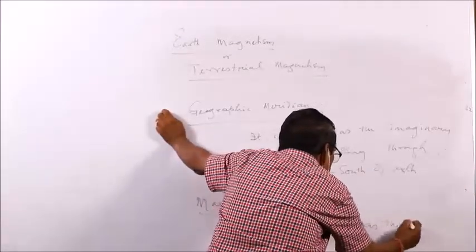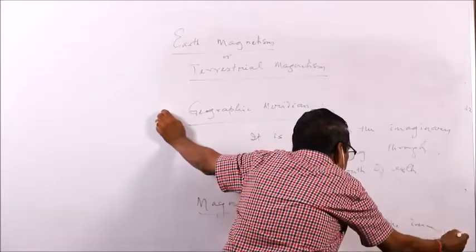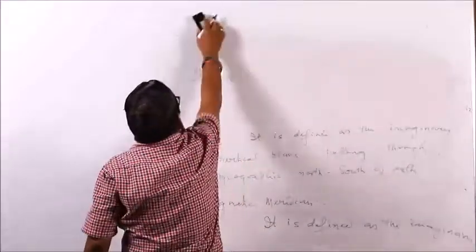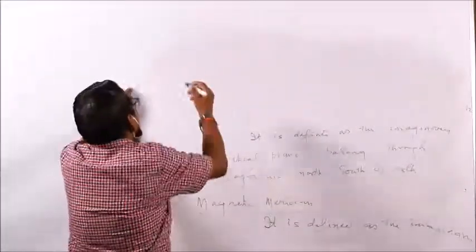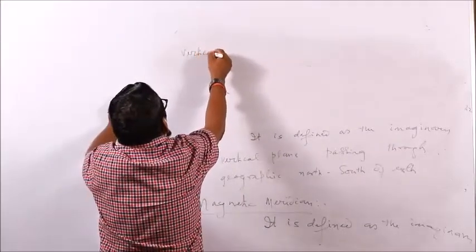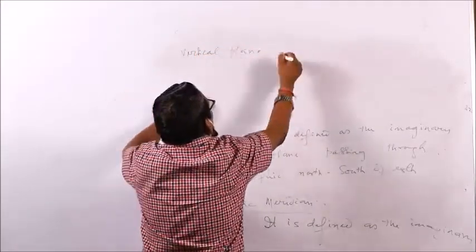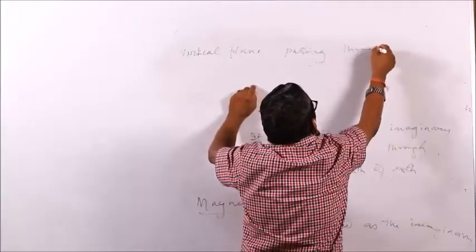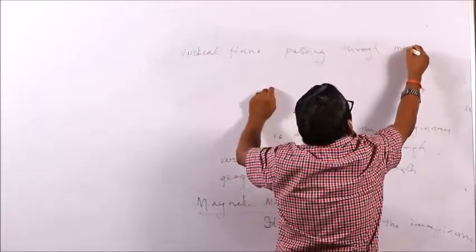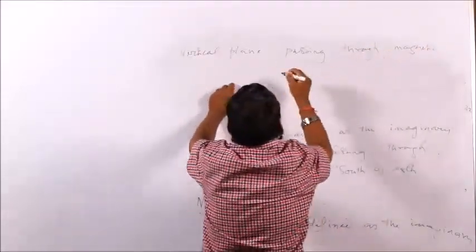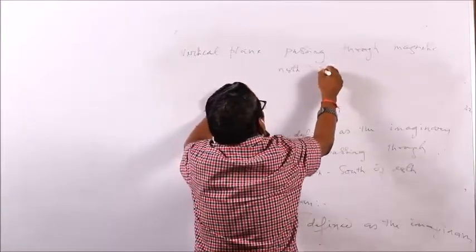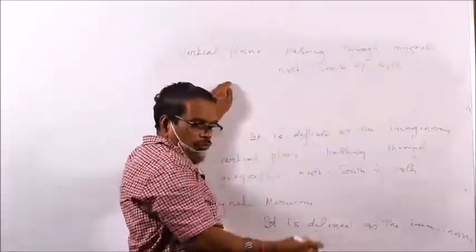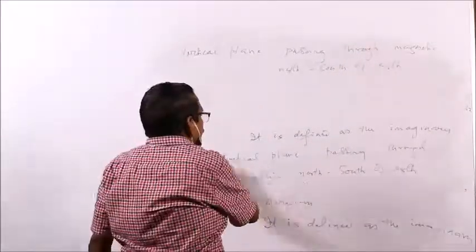The definitions are important. So geographic meridian and magnetic meridian of Earth are defined.